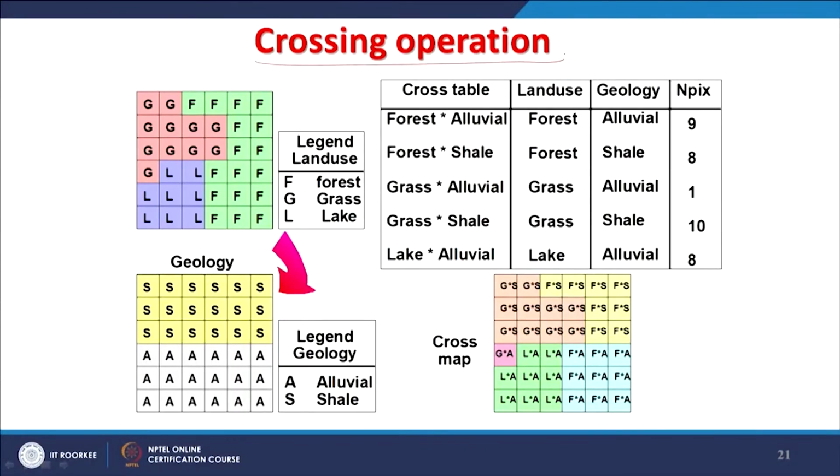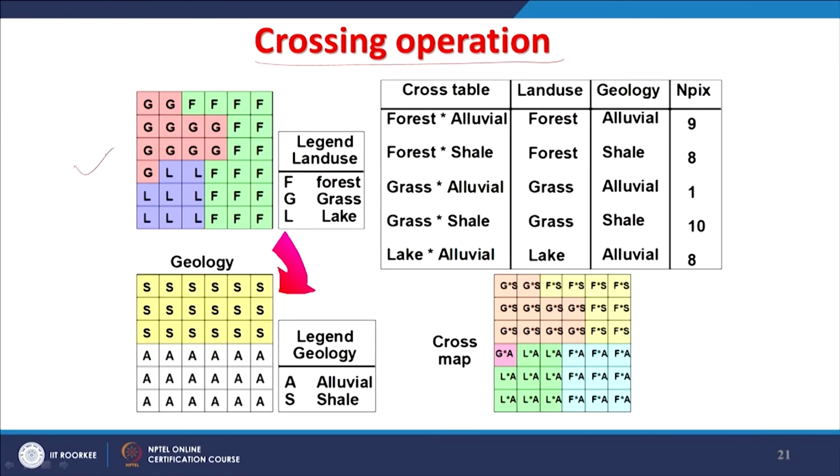Now, here we also have the cross table or cross operations, where we can create a cross map. Basically, it is through the table, and then using the cross table attributes, we can reclassify our map as done in this case.